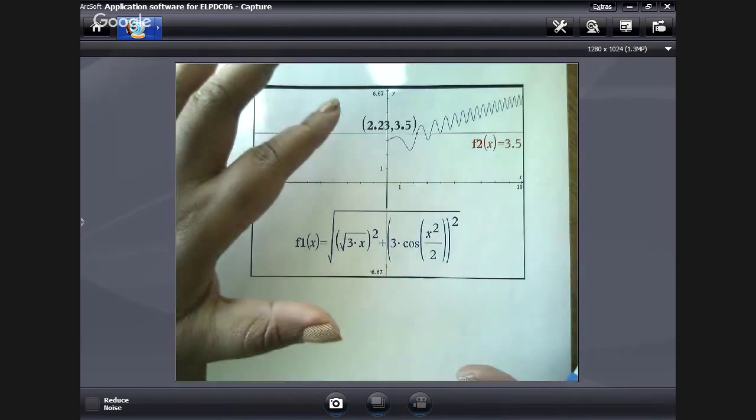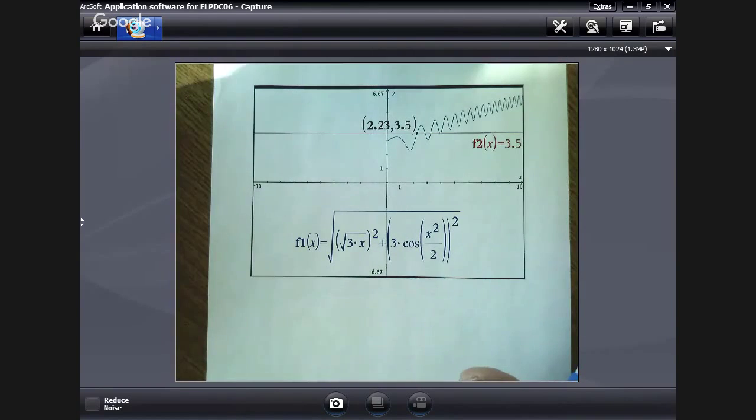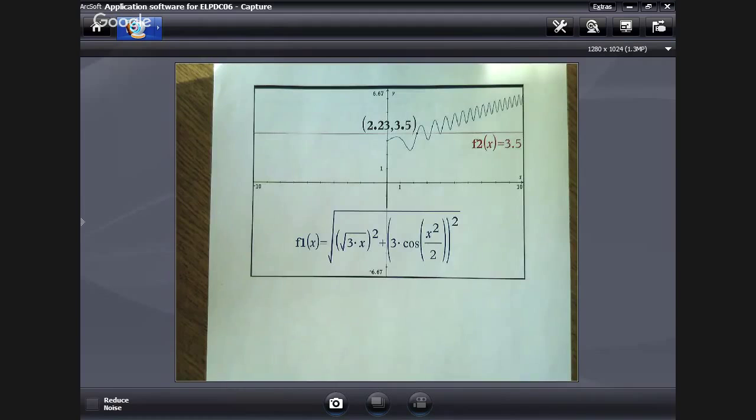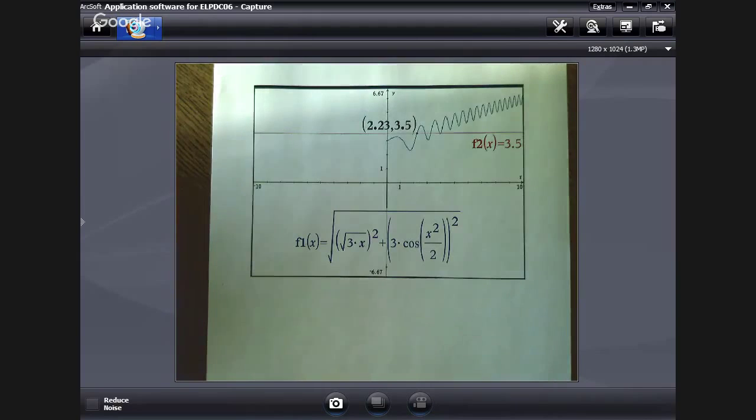I could have adjusted my screen to show you 3 decimal places, but frankly, I printed this off at the last minute because I really wanted to show it to you, and it wasn't showing up very well on my calculator itself. I have it. See, but the screen on my calculator wasn't showing up very well, so I decided to recreate this on my laptop and then print it out. So that 2.23 is actually to 3 decimal places.